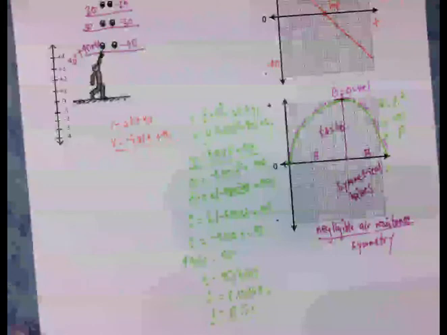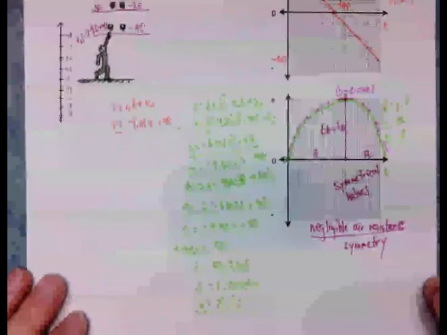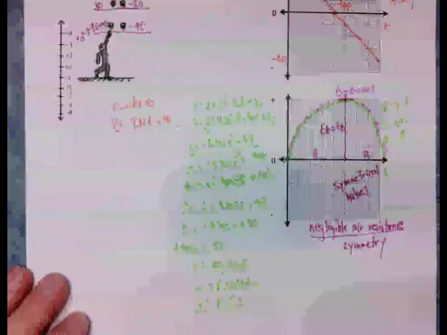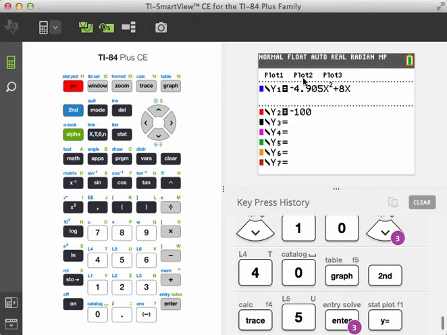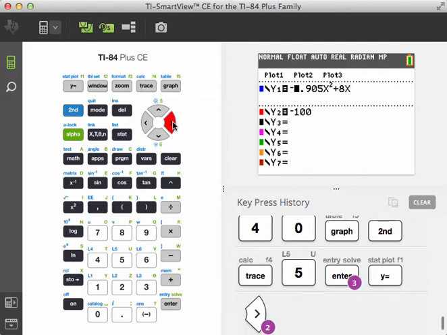Now we could just as easily use our graphing calculator method on this, and we'll quickly do that. So from our prior example, we have the results here, and again we need to change our functions. So we have the position of this object is negative 4.905 t squared plus 40x.